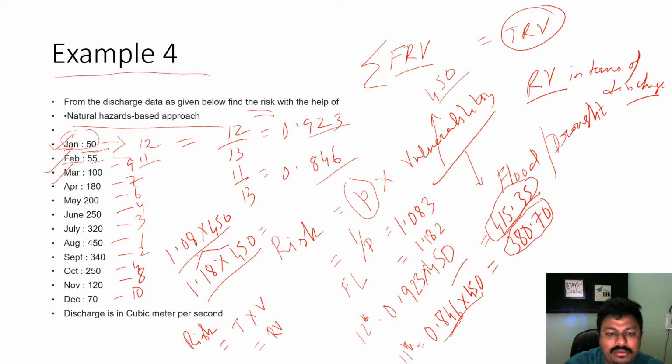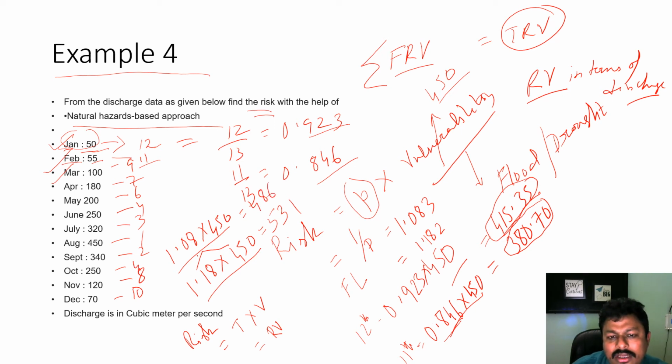So if I multiply 1.18 by 450, this is coming as 531, right? And if we multiply 1.08 with 450, this is coming 486.